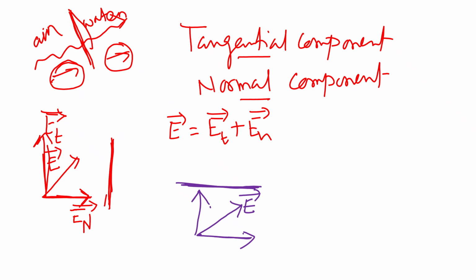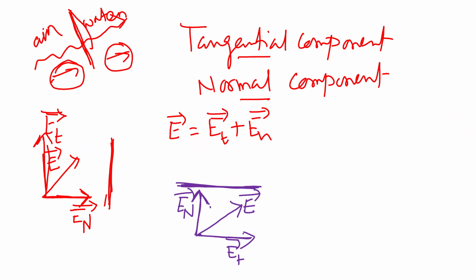Now in this case, this component is perpendicular to the surface, so this will be my normal component En, and this will be my tangential component Et. So the tangential component and normal component mainly depend on the orientation of the surface, and based on that we can define which component is tangential and which is normal.